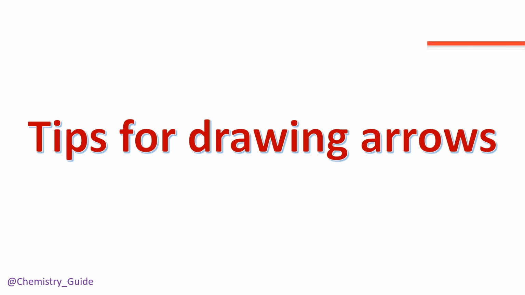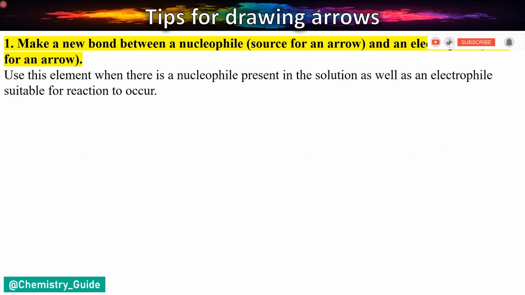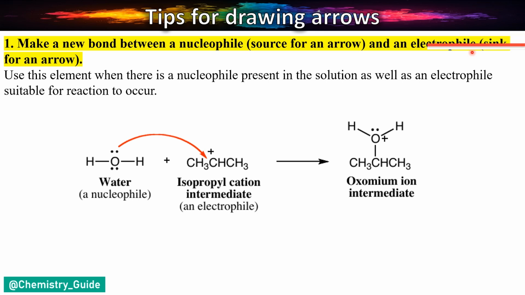Now let us see some tips for drawing arrows in organic chemistry. The first tip is to make a bond between the nucleophile and the electrophile. As this is the rule, we have stated that the arrows start from an electron source to an electron sink. So in this case, the nucleophile is the electron source and the electrophile is the electron sink.